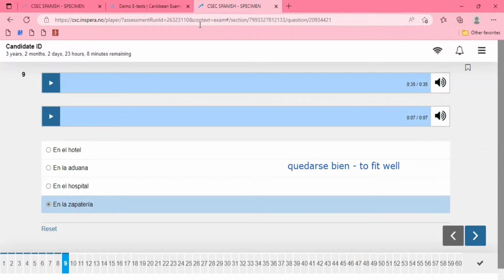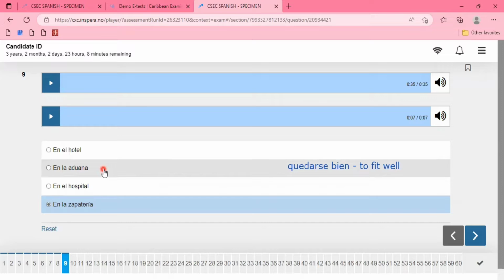To go through the other options that we have, en el hotel would be in the hotel or at the hotel. En la aduana would be basically the immigration section of the airport.